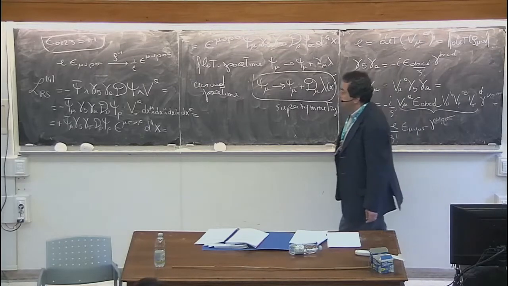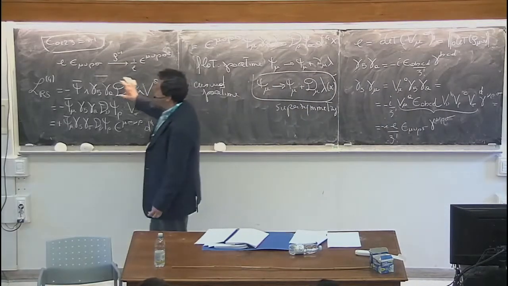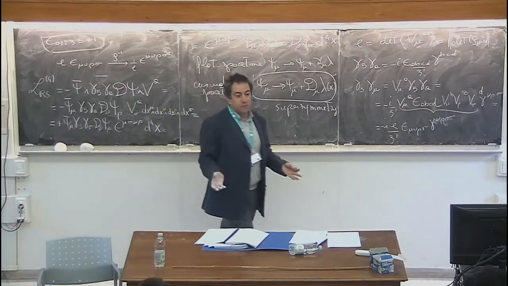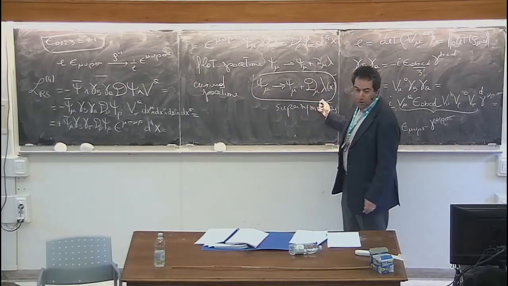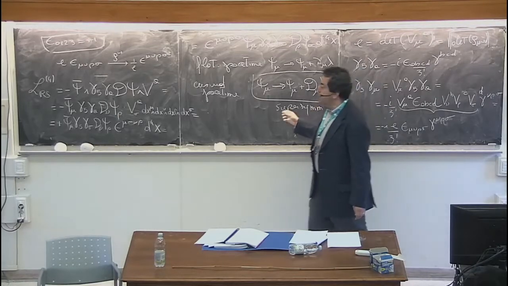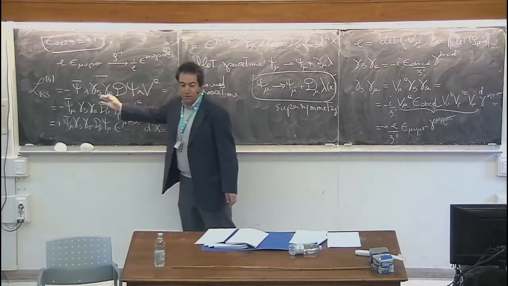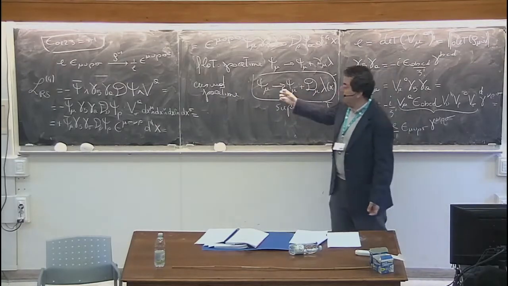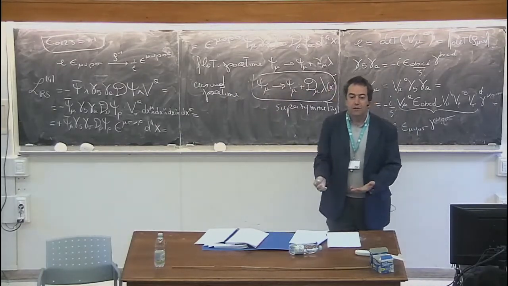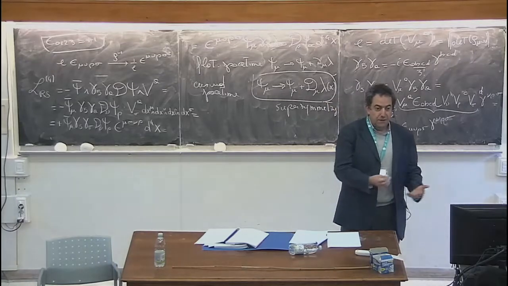So this is telling us that the Rarita-Schwinger action by itself is not supersymmetric. As we are going to see in a moment, in order to make the whole description supersymmetric, and therefore the description of our gravitino consistent, we need to couple it to the graviton.